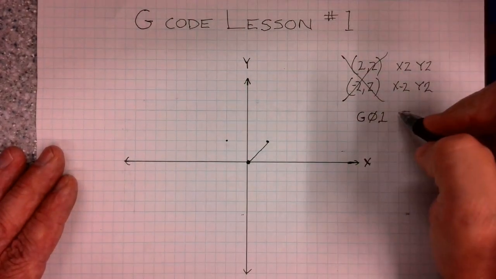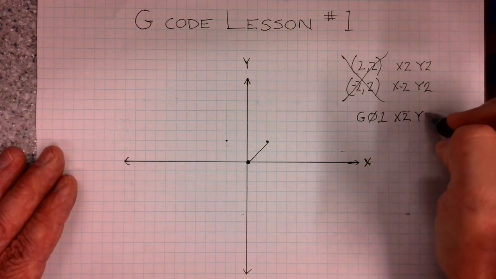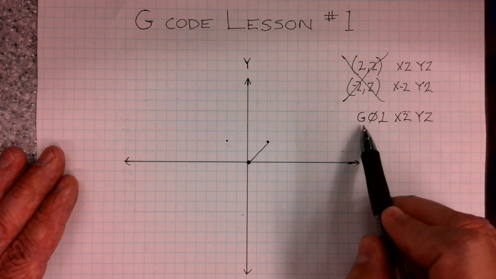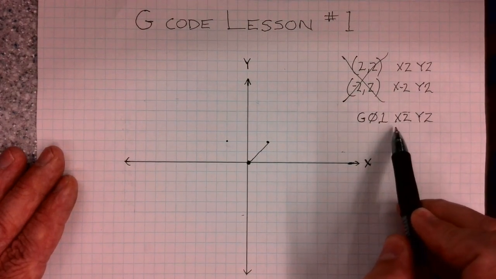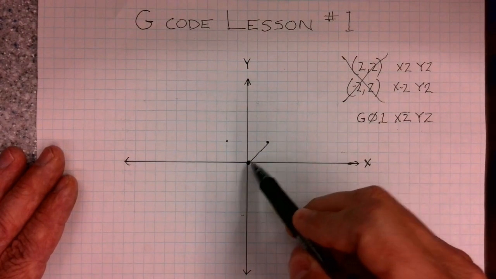And that point then would be x2, y2. So this line of code, G01 x2 y2, would move the machine from here to here.